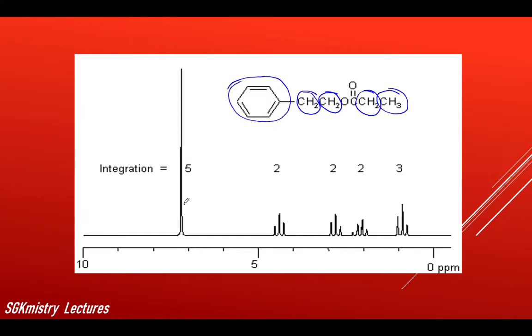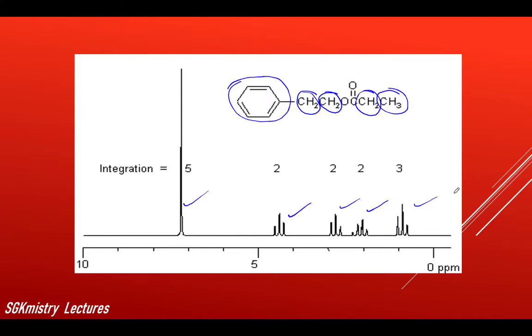Based on that, there are 5 different signals obtained along with the splitting. What splitting means and how it occurs, I'll explain later. Based on the number of different types of equivalent protons, you can see the corresponding number of peaks in the NMR spectrum.